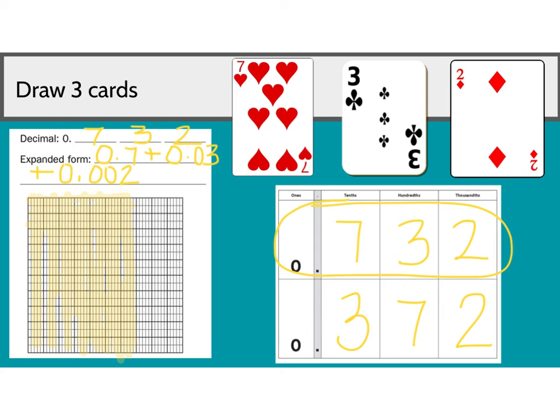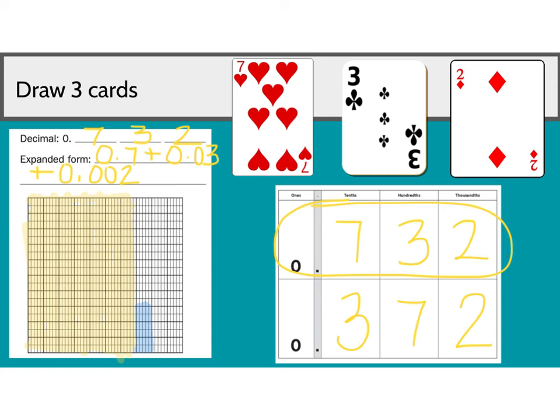And then we're going to move over to our 3, which is in the hundredths place. We're going to change colors, and we're going to fill in 3 of those to represent our hundredths place.